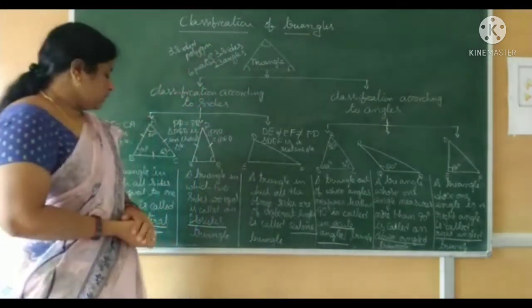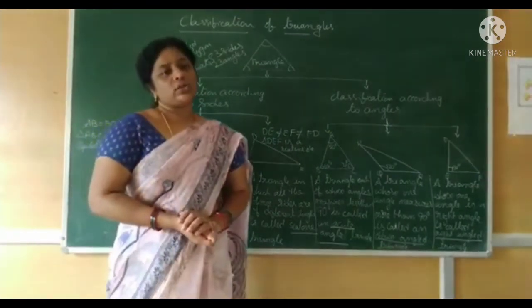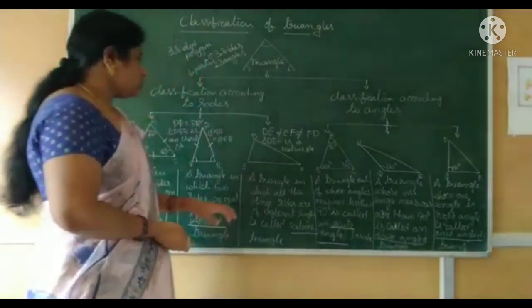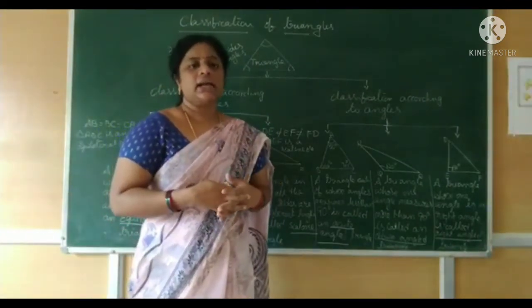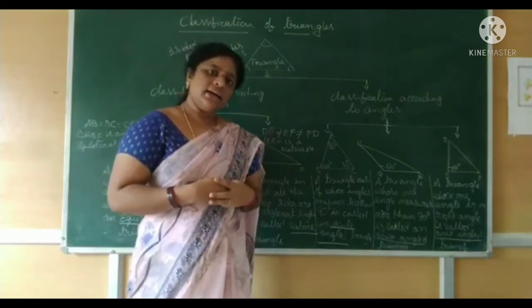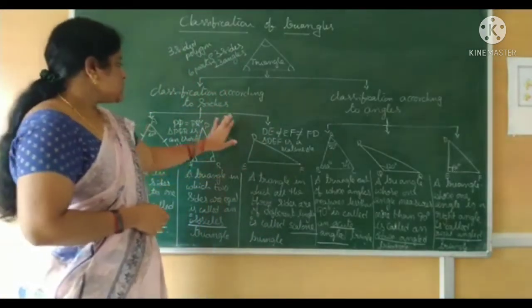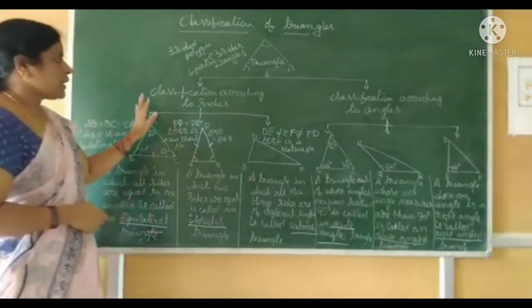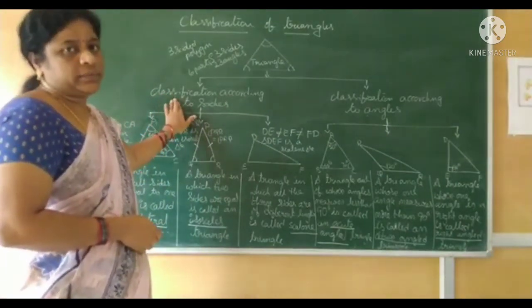Angles opposite to equal sides are also equal. Scalene: a triangle in which all the three sides are different in measure. These three triangles are classified according to sides.